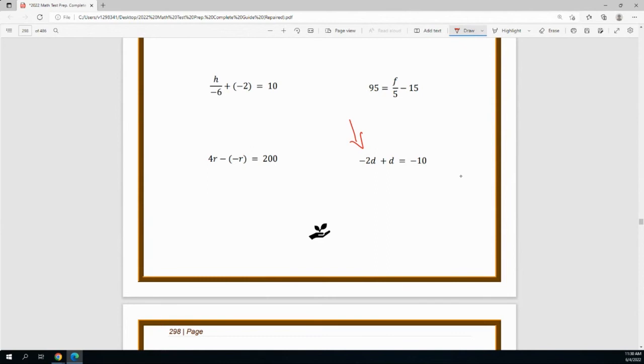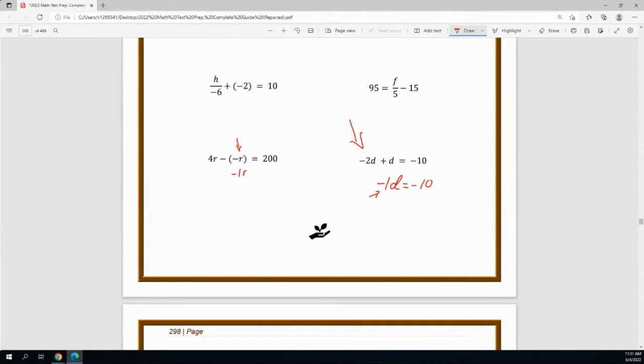Now, in algebra, they don't really write this. See what I'm writing? Where I wrote negative and then I actually showed the physical one. In algebra, anytime I see a variable, like for instance, do you see this one? You might want to say, is that negative r? Not really. What's really there is negative 1r.